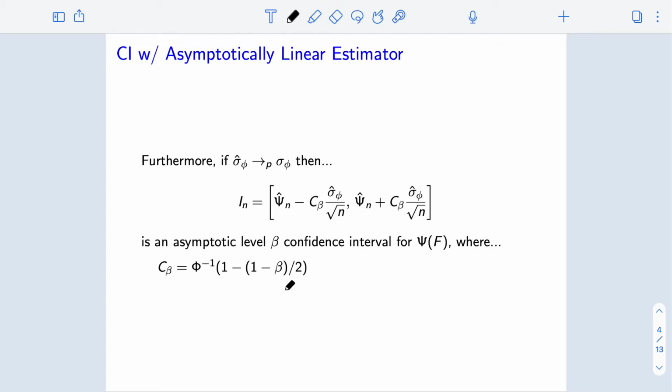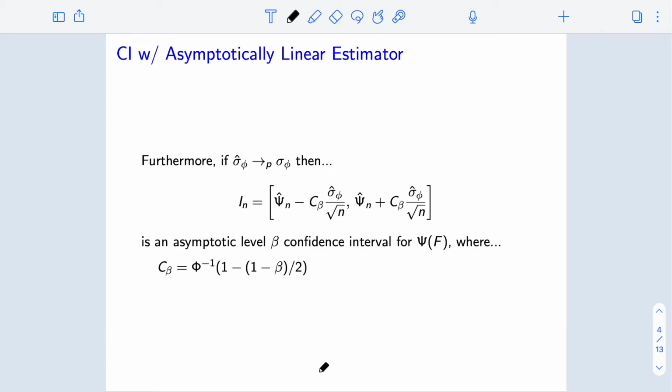So again, there's a lot going on here, but it's basically exactly what we were doing when we were forming confidence intervals for the population mean using the sample mean and the sample standard deviation.